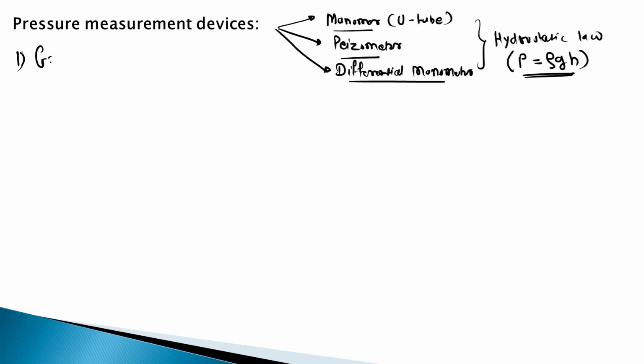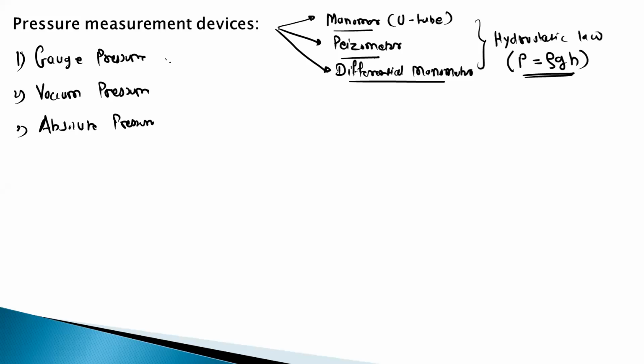First is the gauge pressure. Then we have the vacuum pressure. And third is the absolute pressure. These three types of pressure we generally measure. So what is the meaning of gauge pressure, vacuum pressure, and absolute pressure?